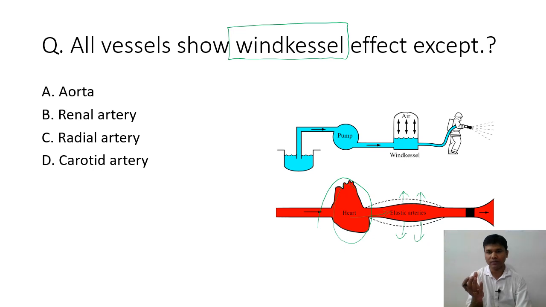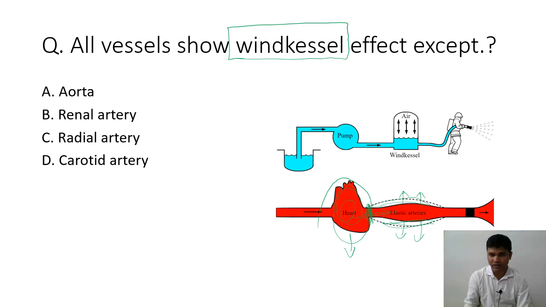After that, the valve between the left ventricle and aorta will close, and when the left ventricle undergoes isovolumetric relaxation, or diastole, pressure will decrease in the ventricle, and then blood will try to go backward. In that case, the elastic recoiling tendency of these great or major vessels maintains the pressure. So that is called elastic arteries.